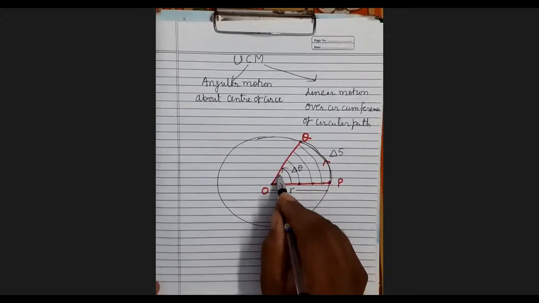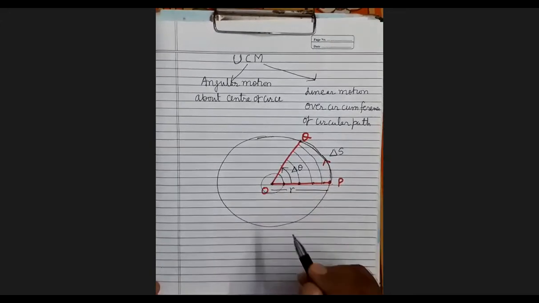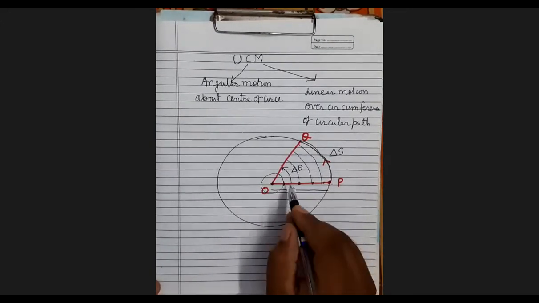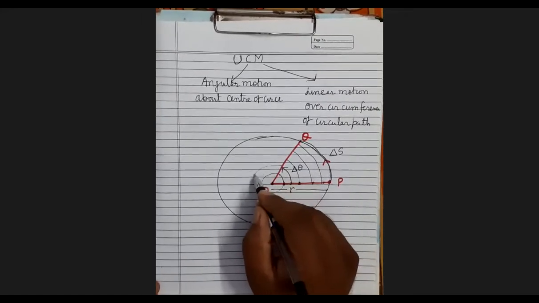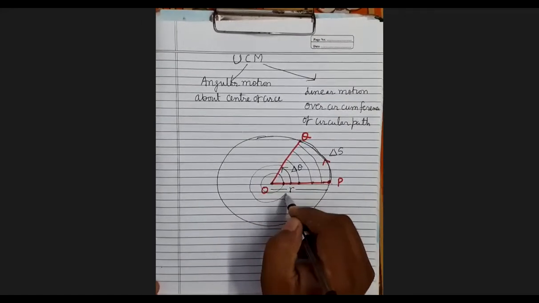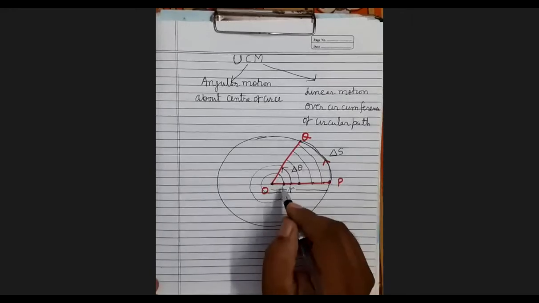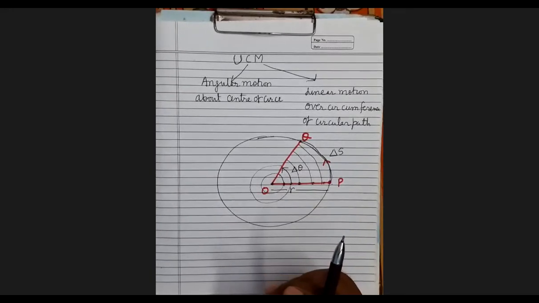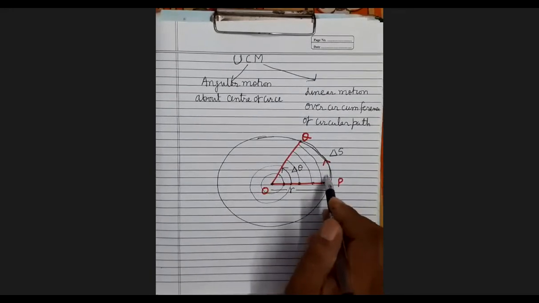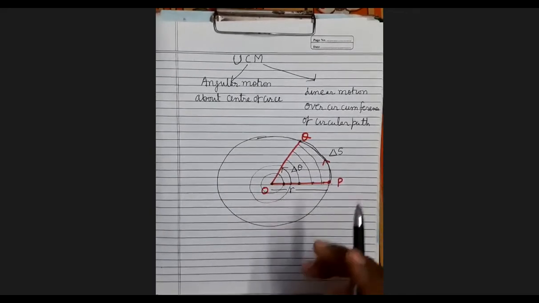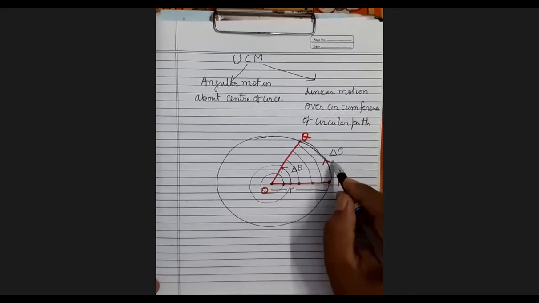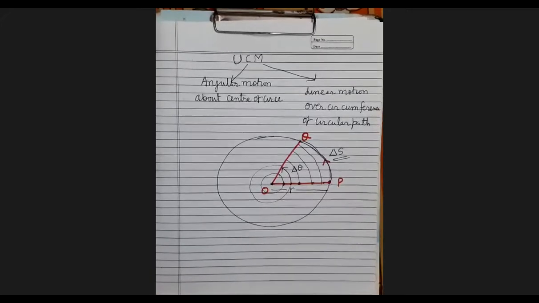This particle will describe a circular path of this radius, and this particle will describe this circular path. So all are moving by the same angle, but the distances covered by them on the circular paths which they adopt are different. It is traveling maximum distance.